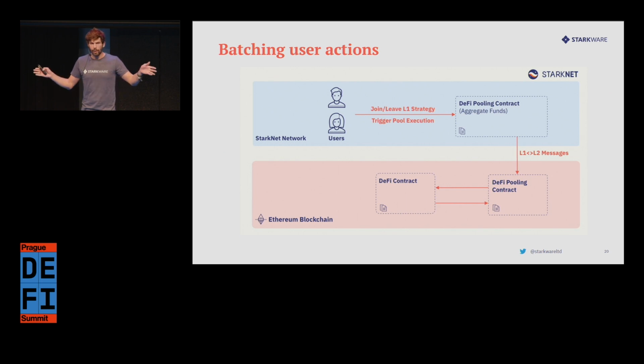So if you have 100 people doing transactions very cheaply on L2, at some point, the L2 protocol will send a message and just move everybody's money in one transaction to L1. That sounds simple. That's because it is. That's what Yearn is doing, but directly on L1. But now you get to do it on L2.